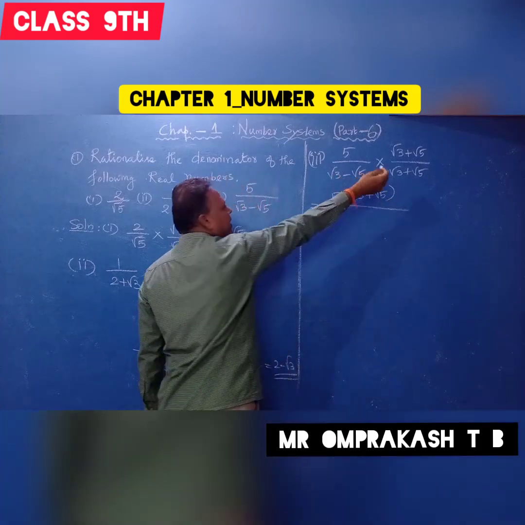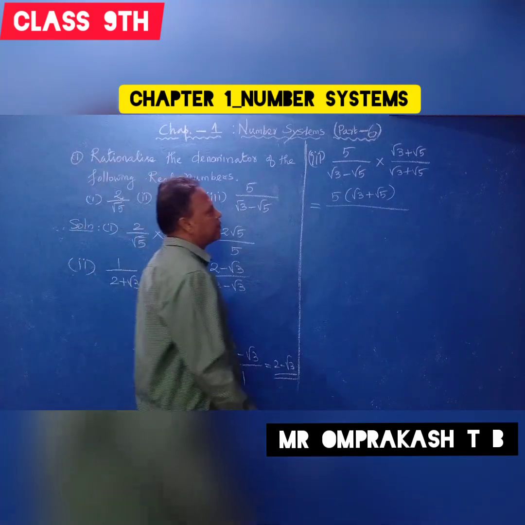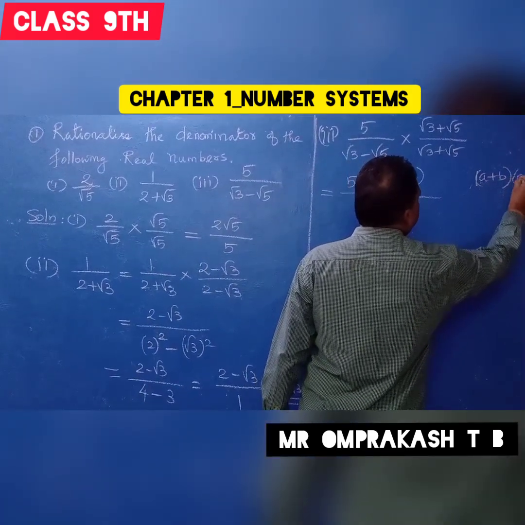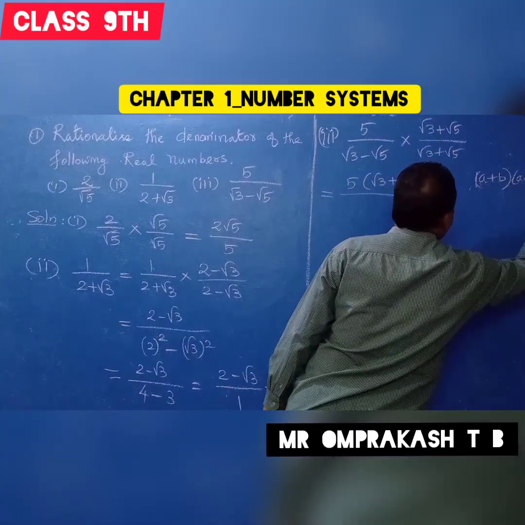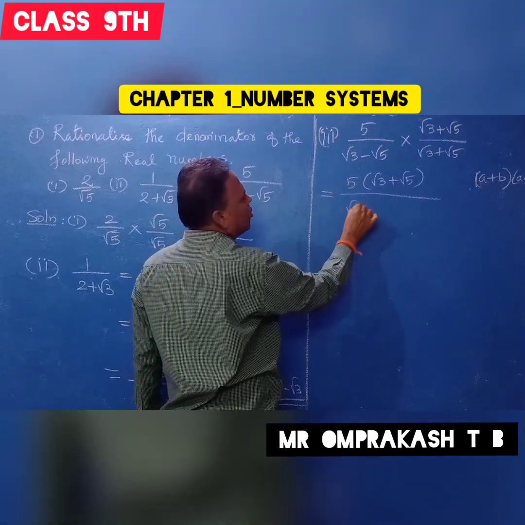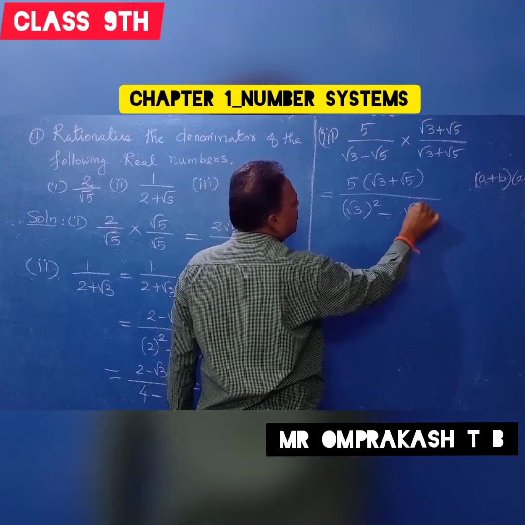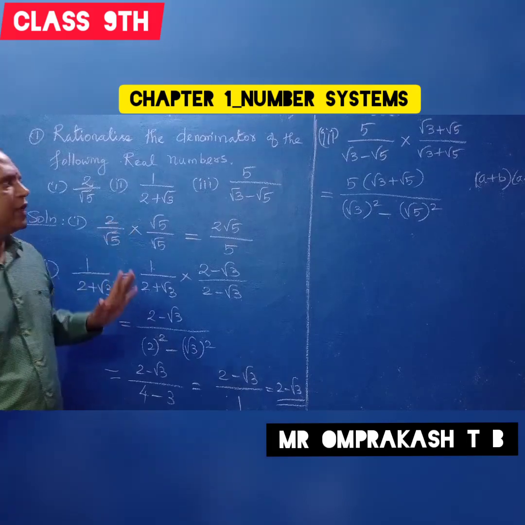In the denominator, a plus b into a minus b is a square minus b square, so root 3 the whole square minus root 5 the whole square.